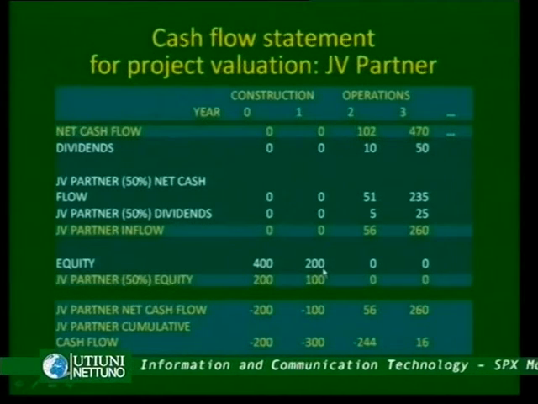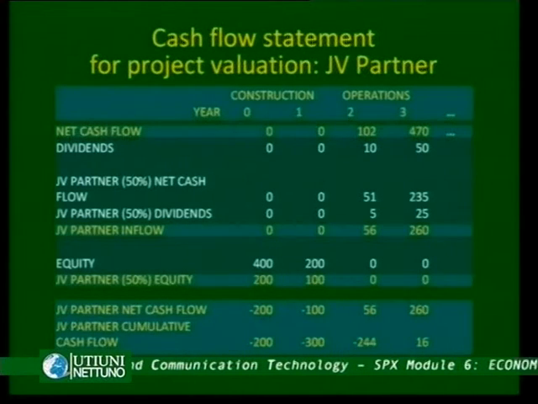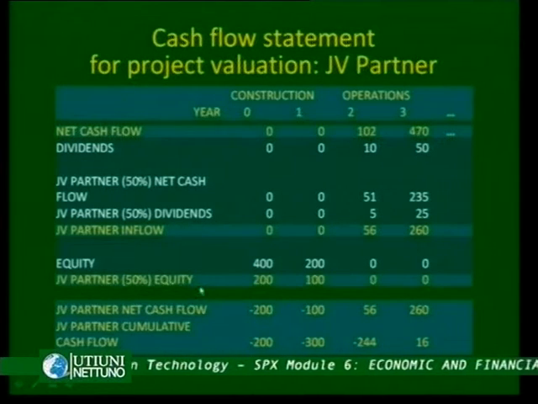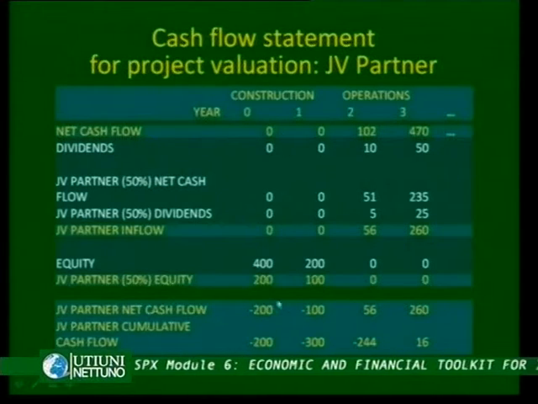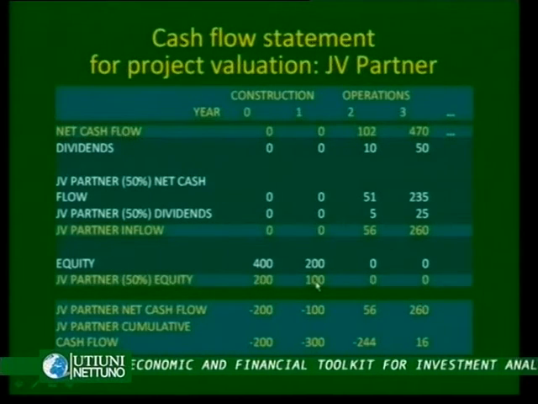As the joint venture partner in this specific case has a 50% stake in the project, he will have to make an investment equal to 50% of the total equity investment. So he will have to invest 200 in year 0 and 100 in year 1.